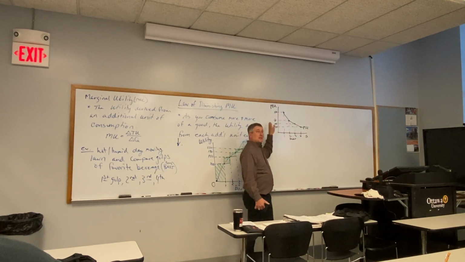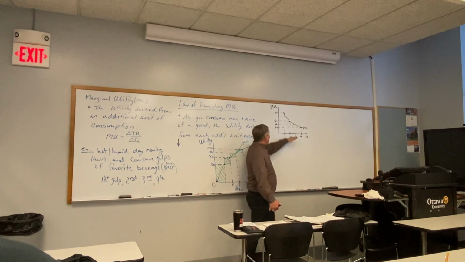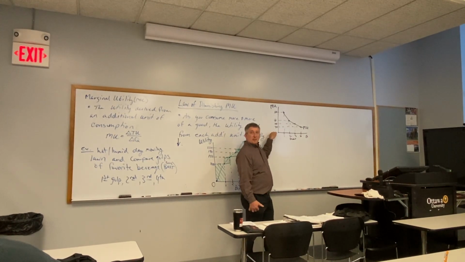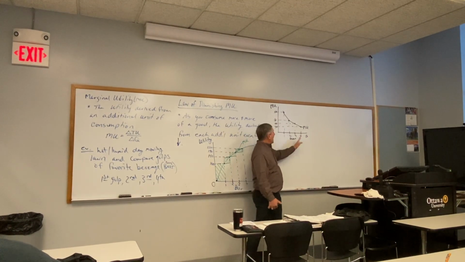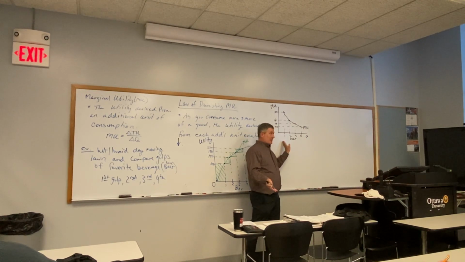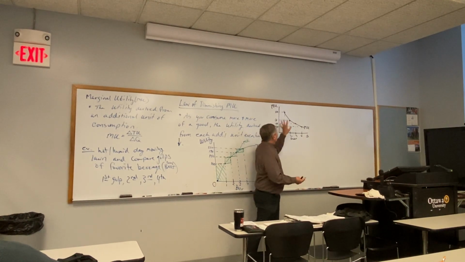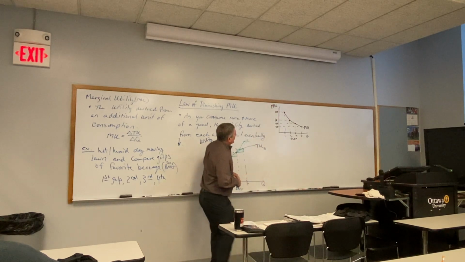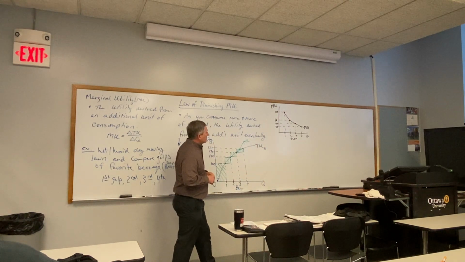They pay less when they buy more because of the law of diminishing marginal utility. I'm not getting as much happiness from the fourth unit compared to the first unit, so I'm not going to pay as much. So when we put dollars up here, we get that demand curve.